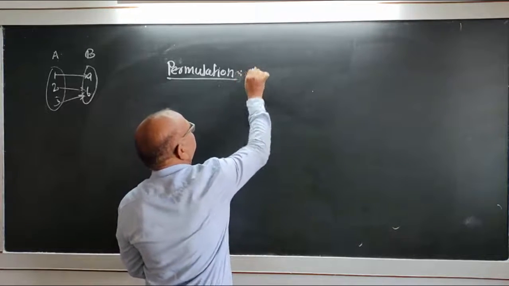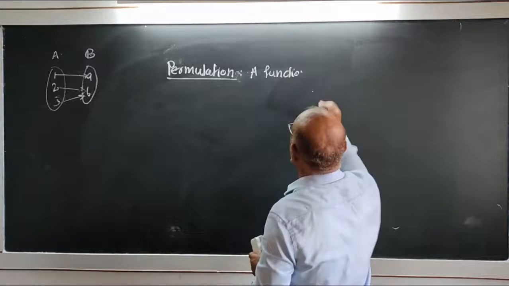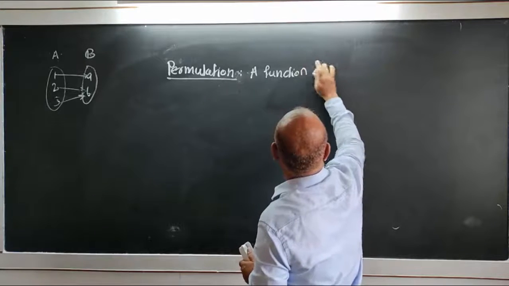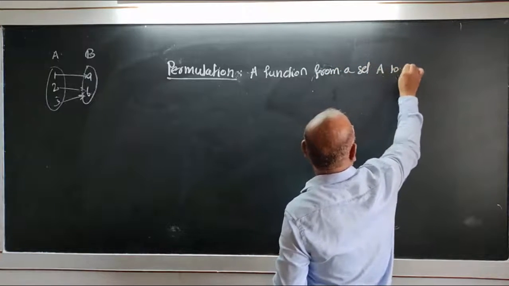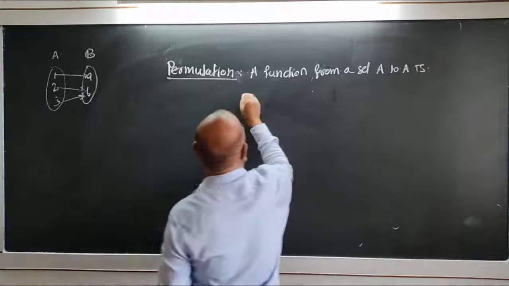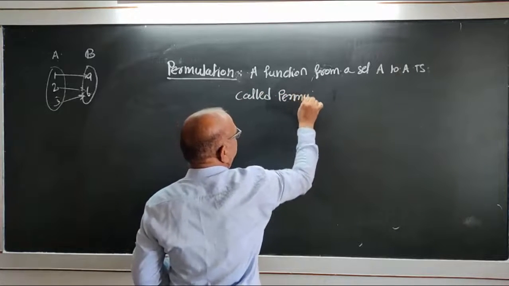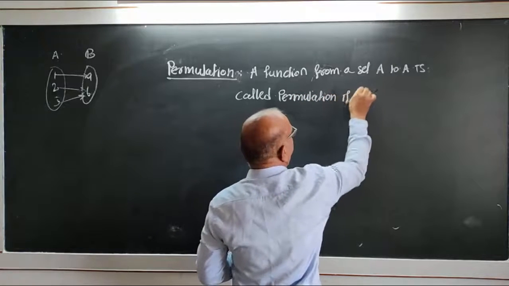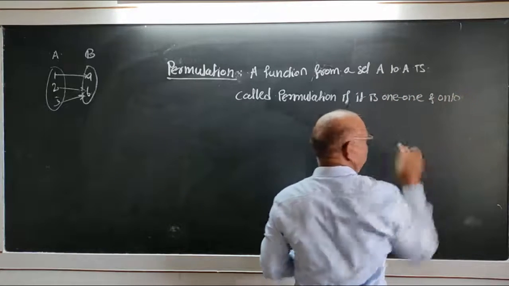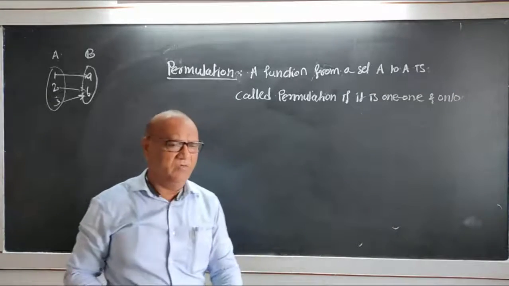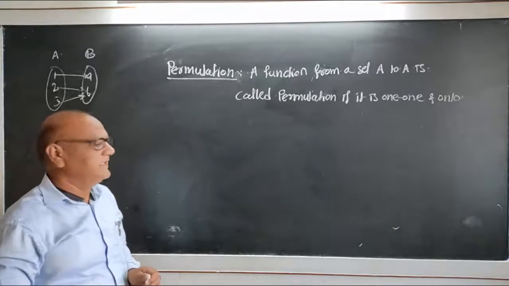A function from a set A to A is called a permutation if it is one-one and onto.